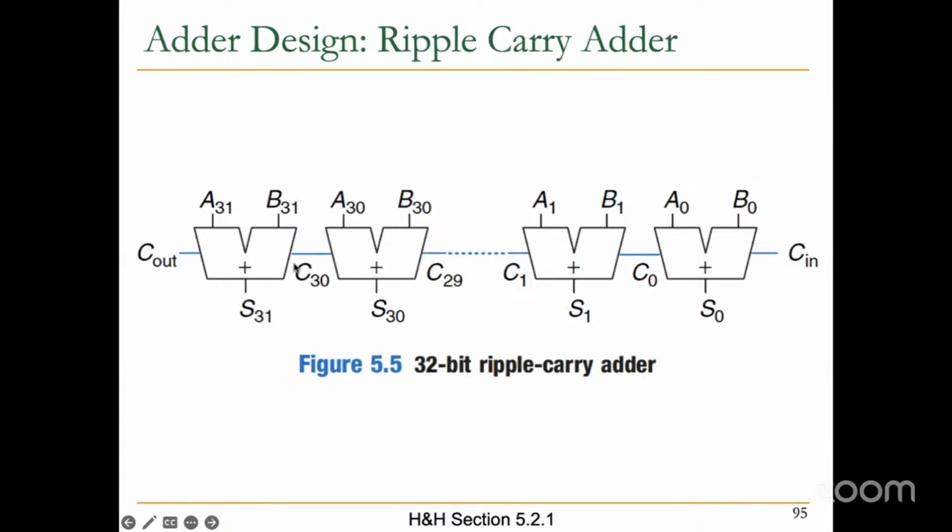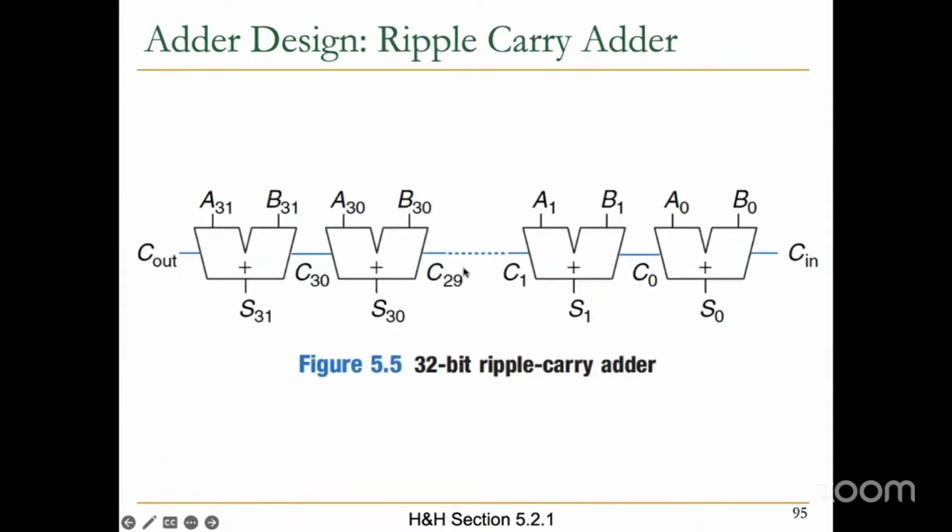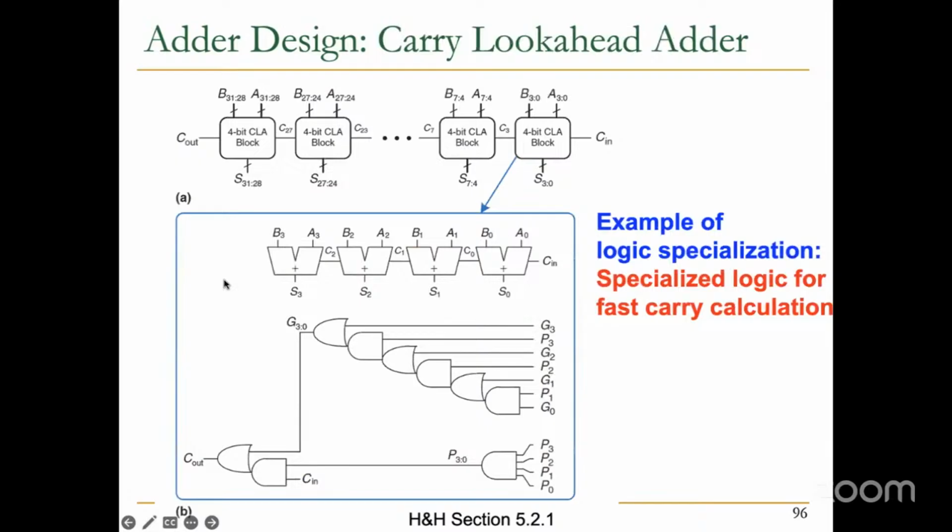This is serial, and people actually came out with many, many different ways of designing adders. Harris and Harris covers some of them. I'm going to give you one basic idea of one of the adders. Essentially, if you don't want to wait for carry to ripple through slowly, let's say 30 bits or 31 bits, you may decide a logic to accelerate the carry generation, right?